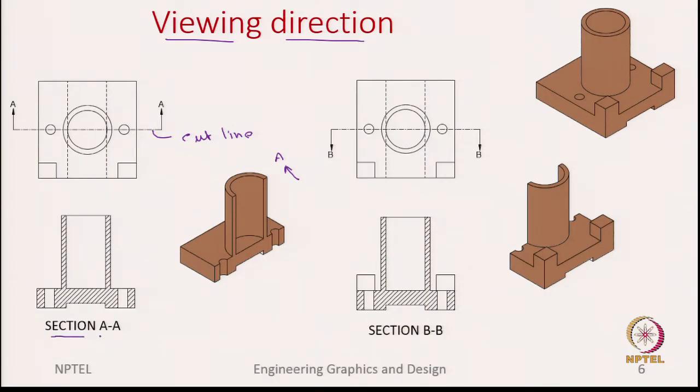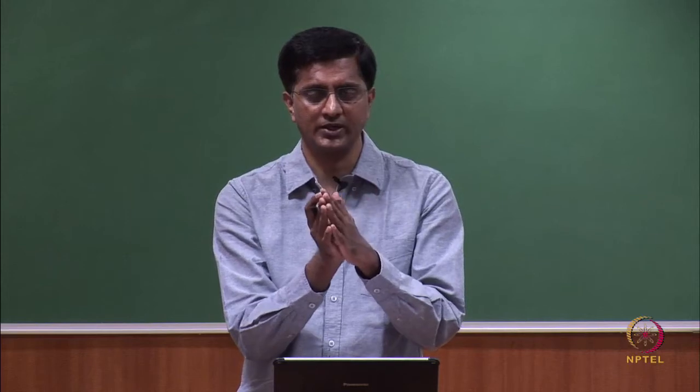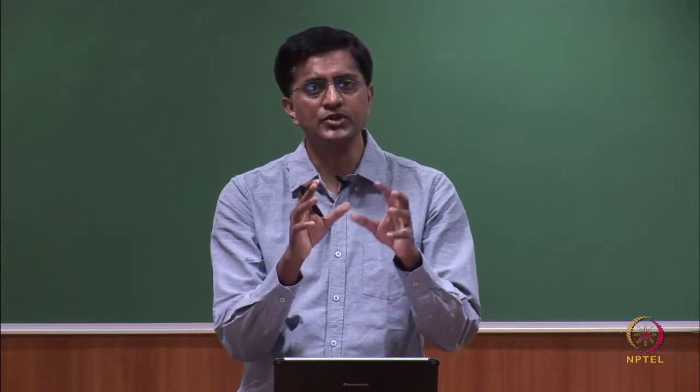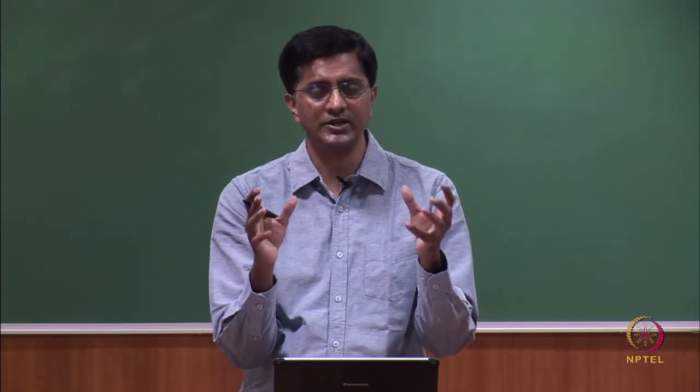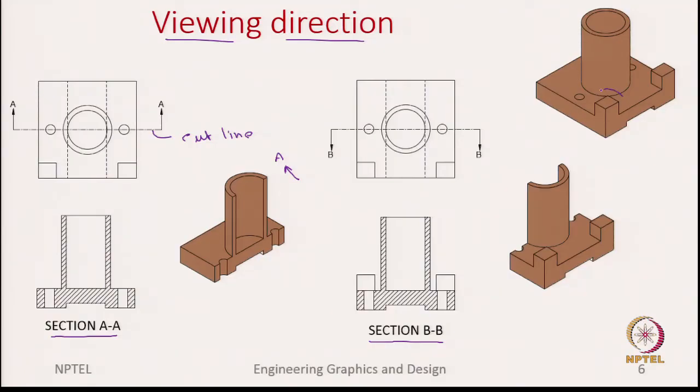So, this is section AA and section BB. As I am repeatedly mentioning, both these sections are from the same cutting plane. The only difference is the view direction. As you can see, both these view directions are different. The reason why they are different, at least in this example, is because of this feature.